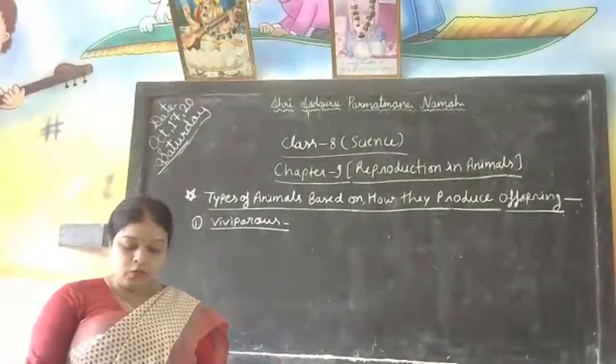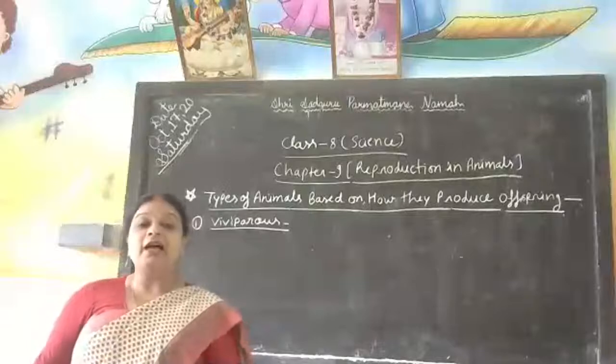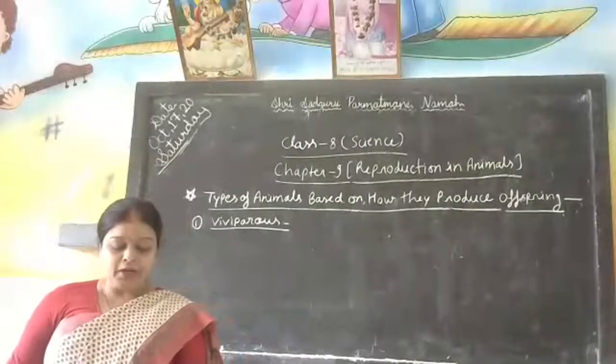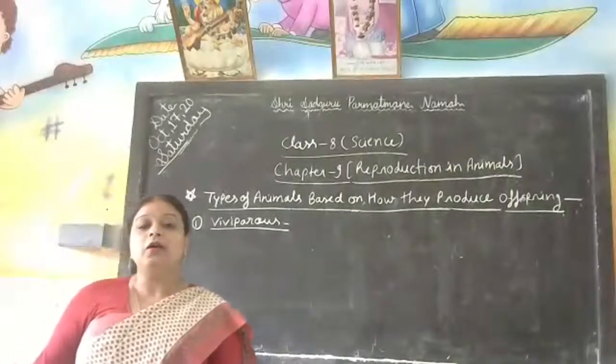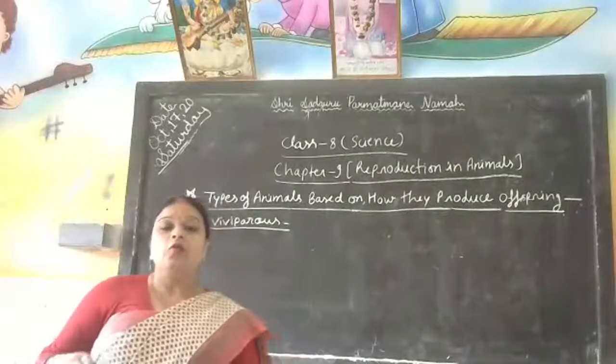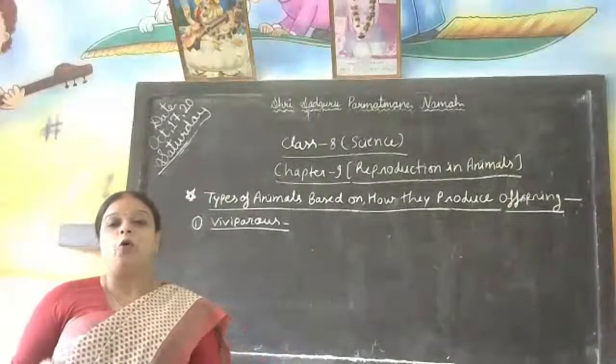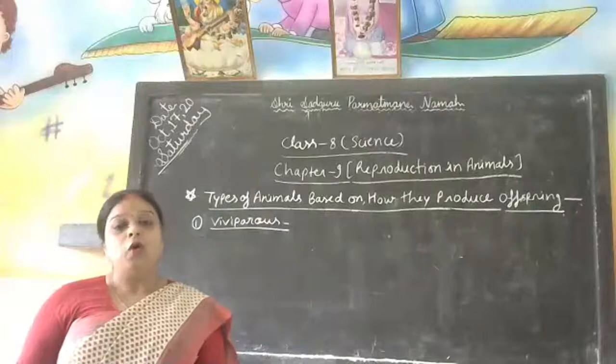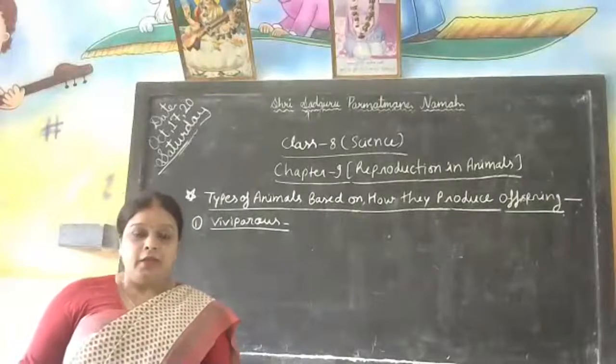Viviparous animals are those organisms that give birth to young ones. Means वो क्या करते हैं, वो अपने ऑफस्प्रिंग या यंग वंस को बर्थ करते हैं.